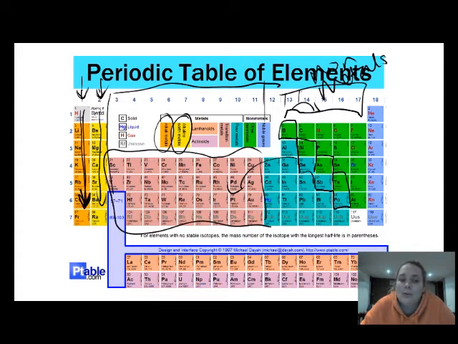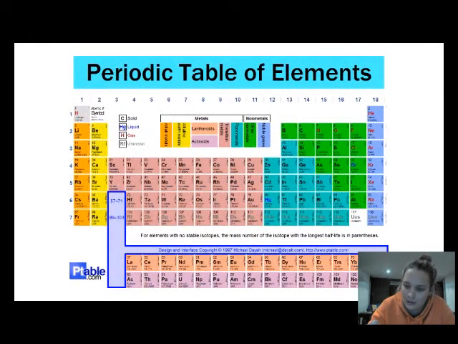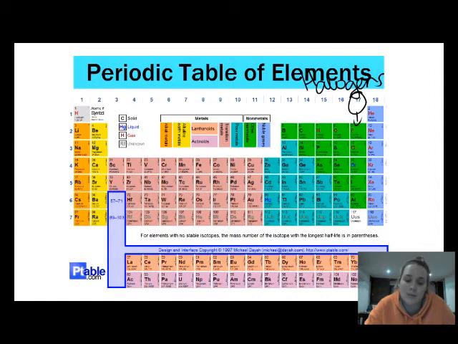Within our non-metals, we have 2 other groups. Group 17, I'll clear off my periodic table for you here. Group 17 are what we call the halogens, and I'll write that down because it's not on the screen for you. Halogens. The halogens react with metals, and they're going to form salts when they do that.